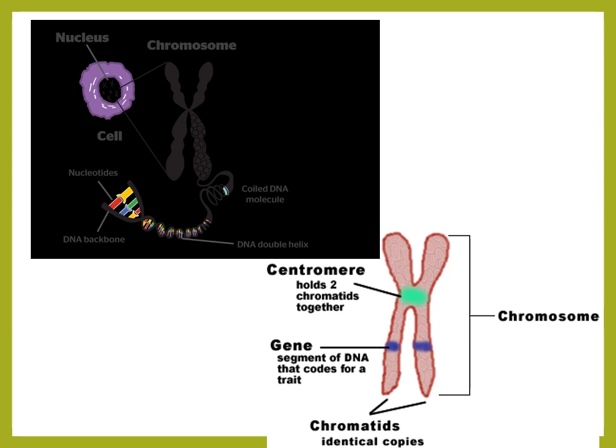Those are kind of like the chromosome's knees. And those are actually genes. Those are segments of DNA that code for certain traits. So you have specific genes from your parents. That's where they actually live on your chromosomes. And then at the very bottom, like the feet of the chromosome, those are the chromatids. It's said differently depending on who's saying it.